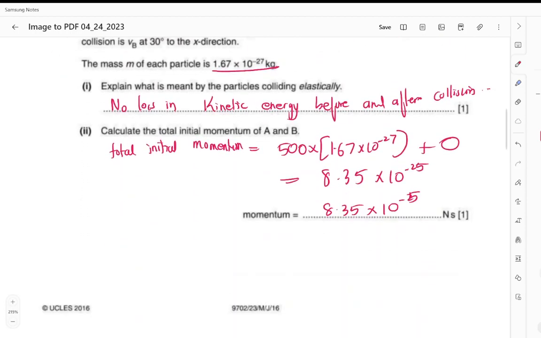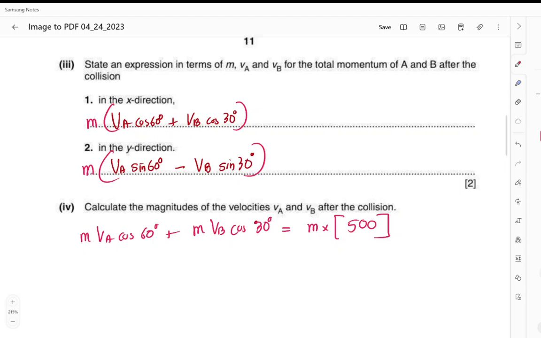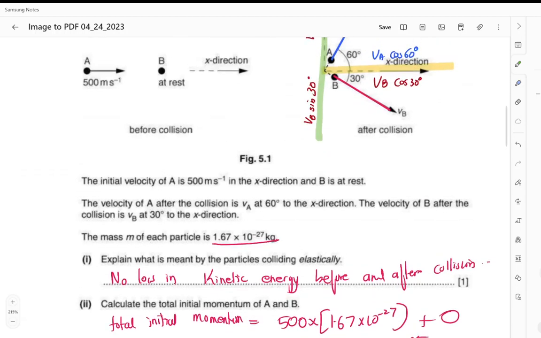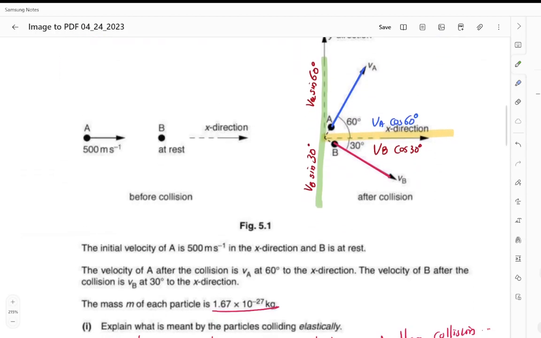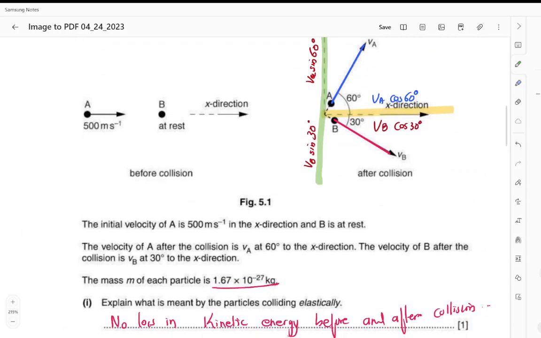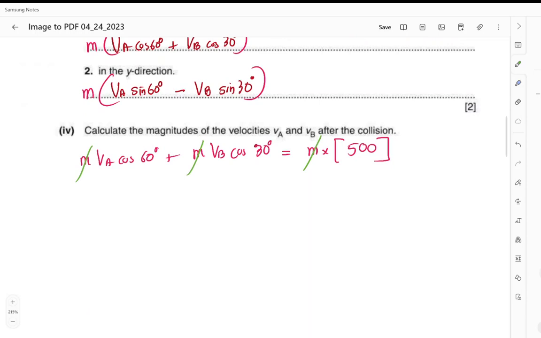Yep, that is okay. 500. So across the board, mass gets cancelled out. I just want to verify that both the masses are the same. Two particles A and B collide. This is the velocity, and the mass of each particle is given to us, which is okay. Mass overall cancels out. So this expression is right.